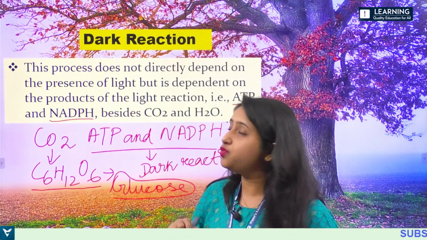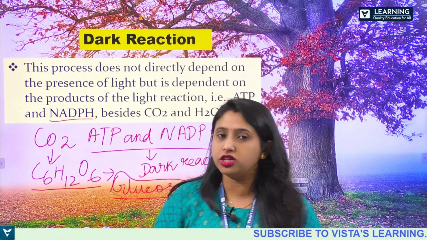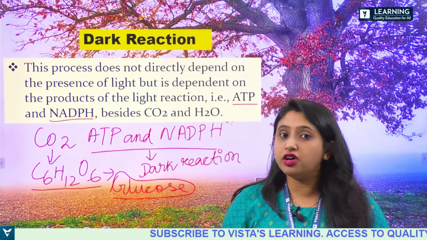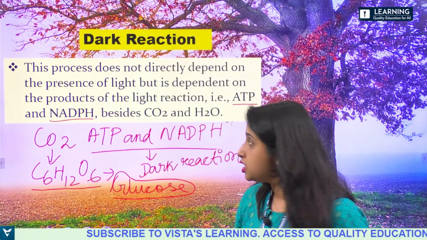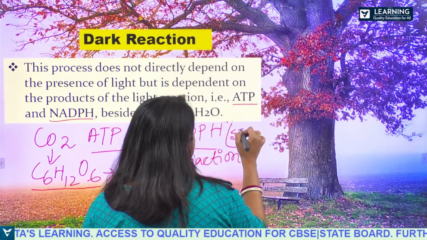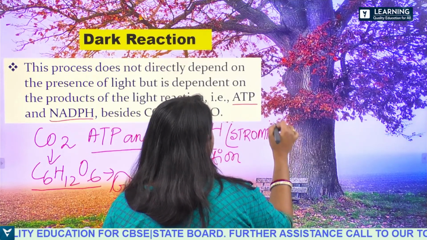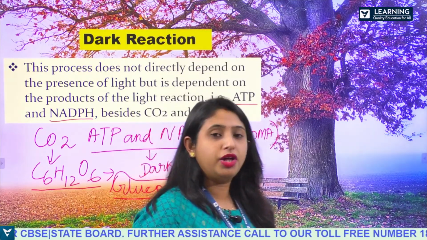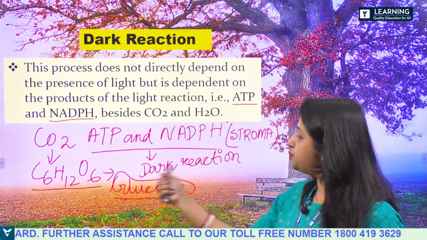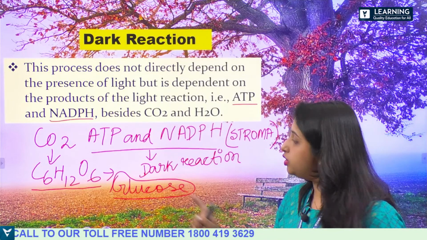The dark reaction takes place in the stroma of the chloroplast. The light reaction takes place in the grana of the chloroplast, and the dark reaction takes place in the stroma. So the dark reaction is responsible for the production of glucose from carbon dioxide.